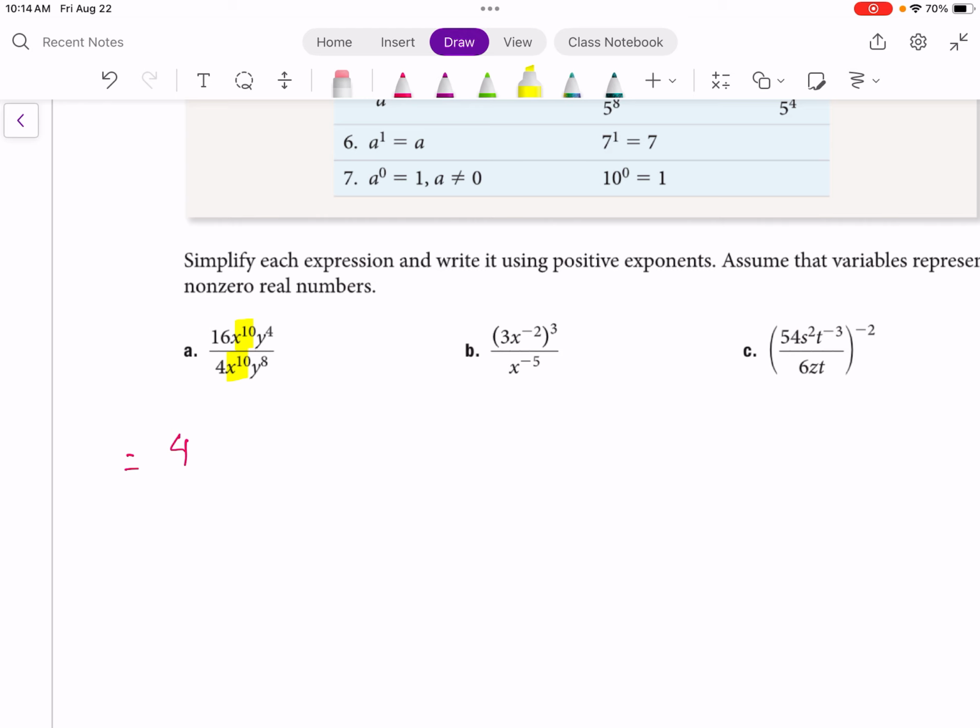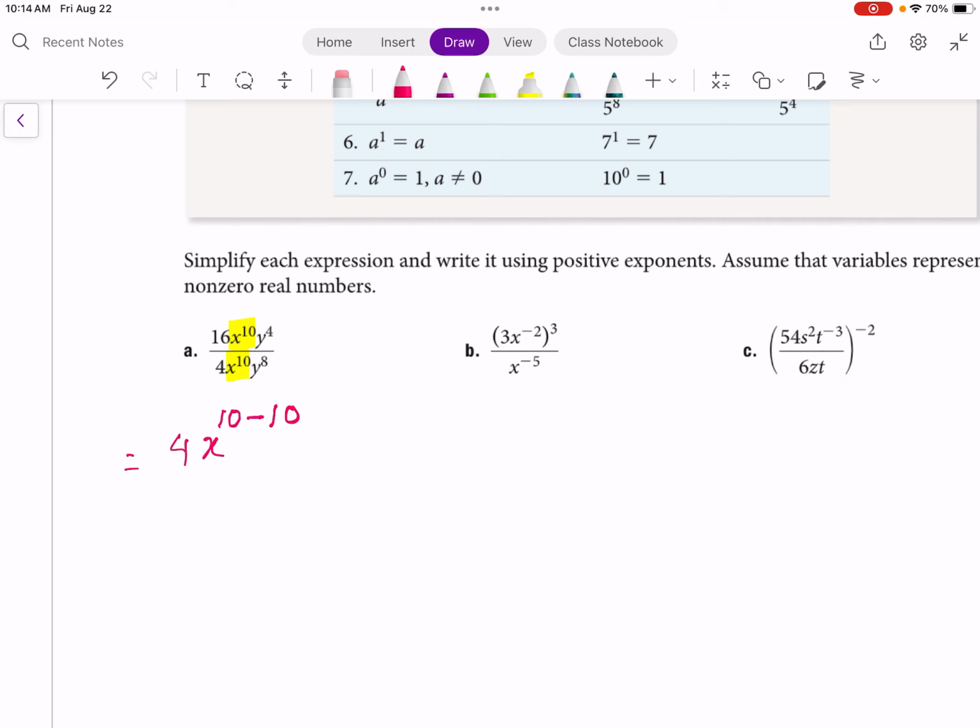Now we have x to the power 10 and x to the power 10 in the numerator and denominator, so we are dividing x to the power 10 by x to the power 10. If we have a division with the same base, according to the property, we write down the same base x and find the difference of the exponents: the exponent of the numerator 10 minus the exponent of the denominator 10.